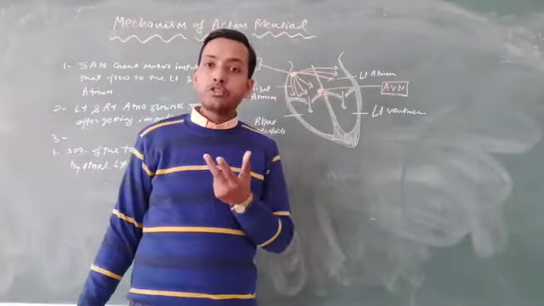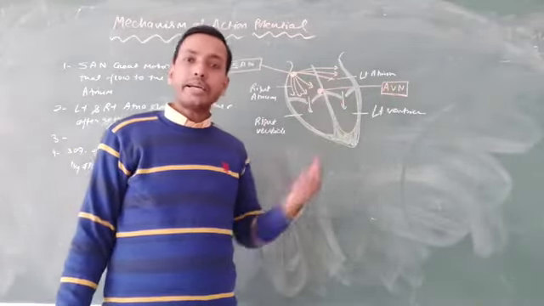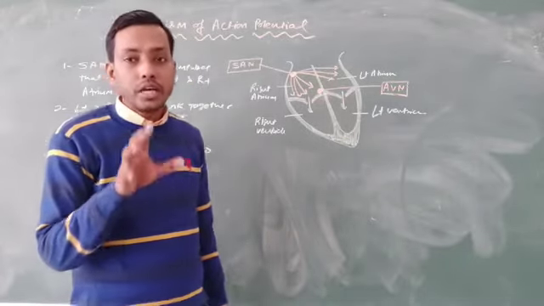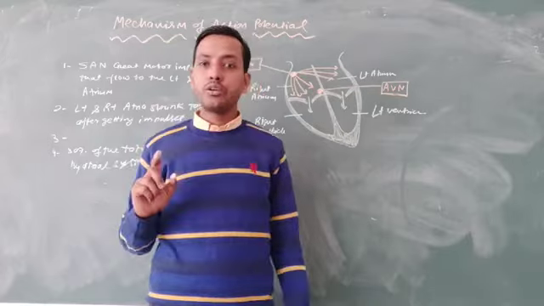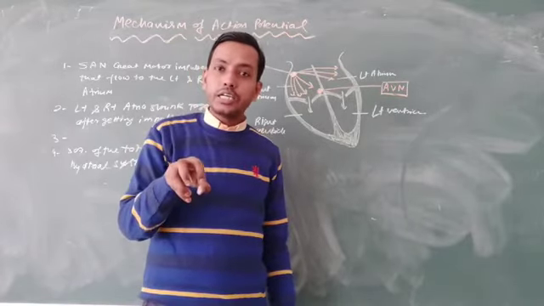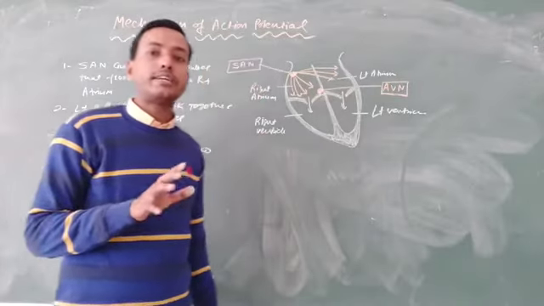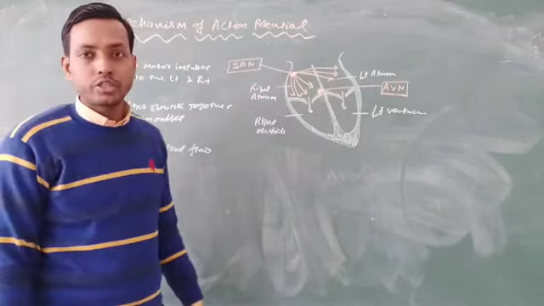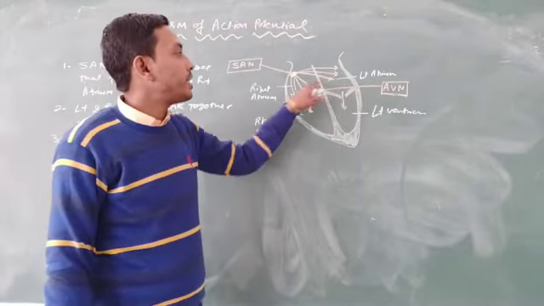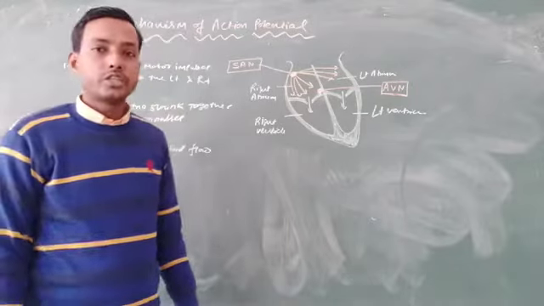The collective shrinking of the left and right atrium after getting impulses is called atrial systole. So first the atria shrink, later the ventricles shrink. In this way we can say that atrial systole occurs in the heart first, before ventricular systole. So here the right and left atrium shrink, which is collectively known as atrial systole.